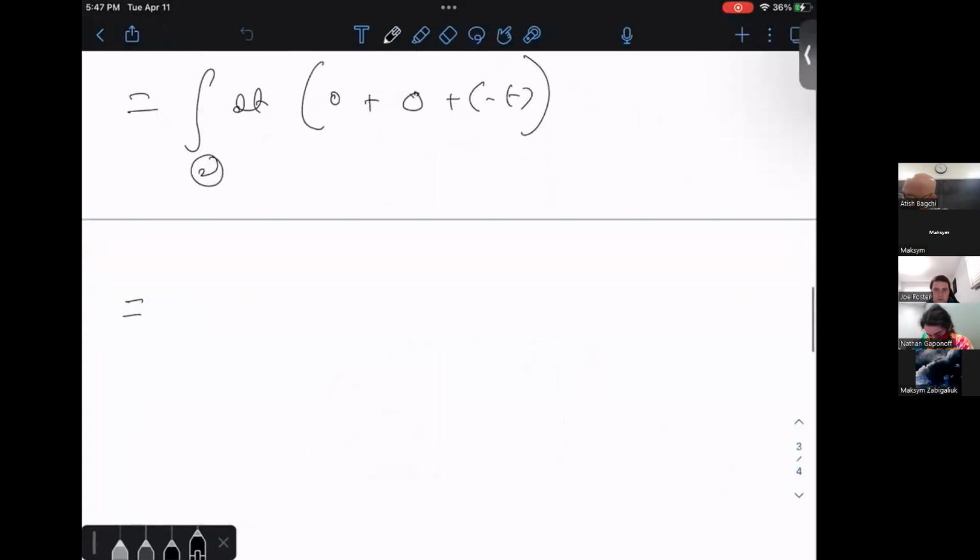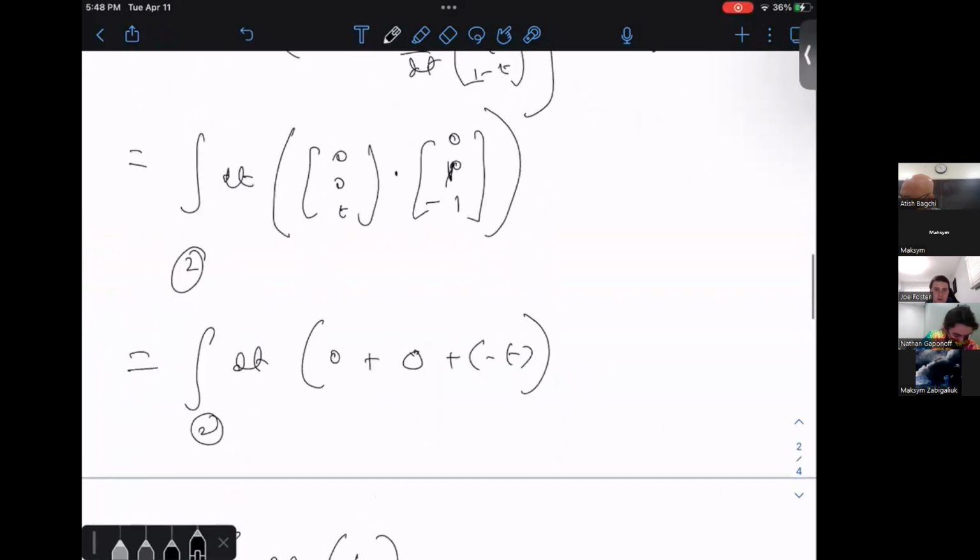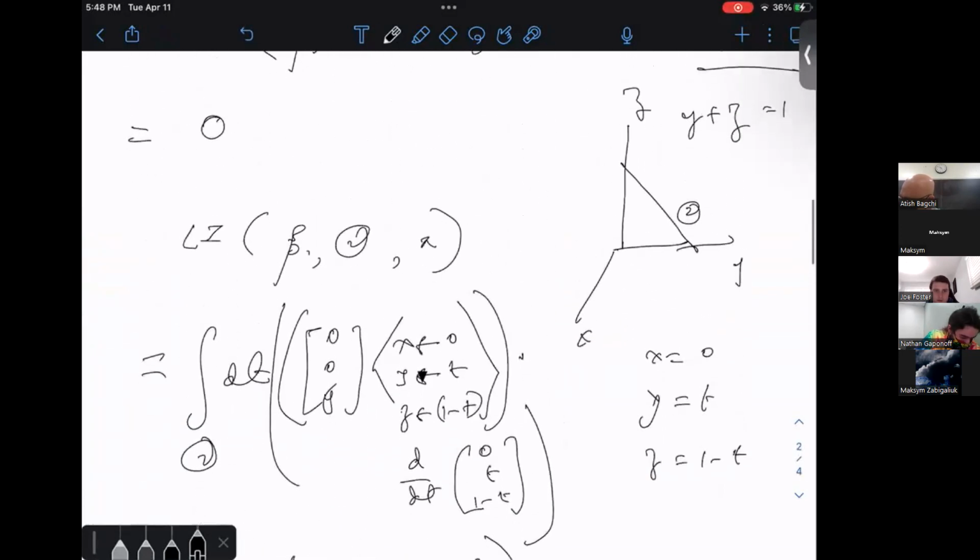Okay. So this is equal to minus along 2 dt t. So what are the boundaries of t?